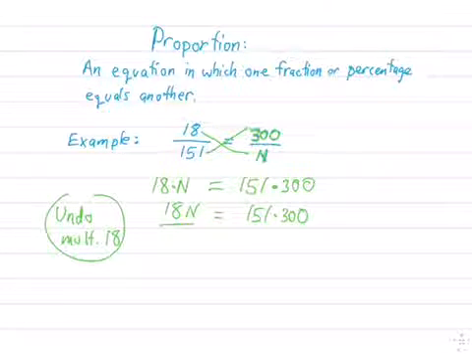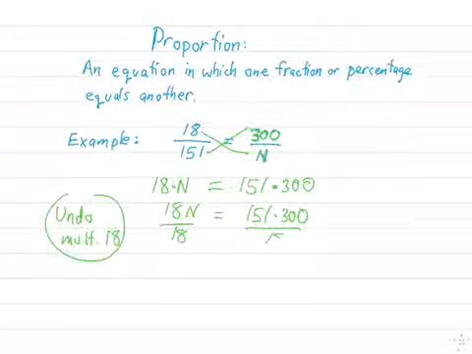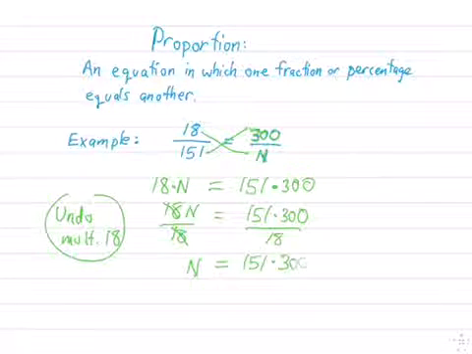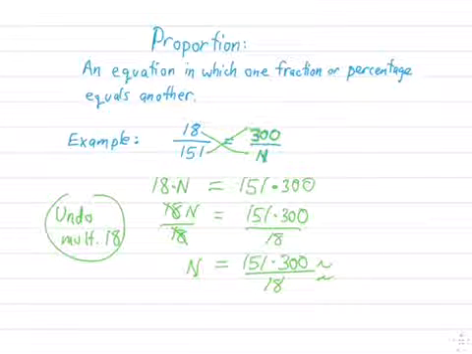So we will end up dividing both sides of this equation by 18, and maybe you remember in grade school saying, oh, 18 cancels with 18. Really, 18 divides with 18 to create 1n, and that 1n will equal 150 times 300, all divided by 18.